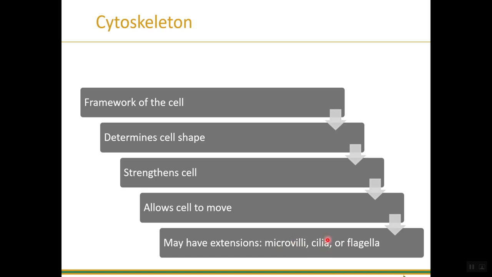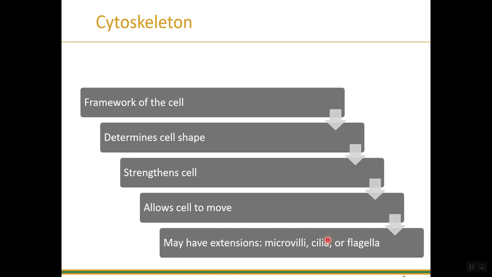So the microvilli, these are folds of the cell membrane that greatly increase the surface area of a cell. These are generally found in areas that will help with absorbing nutrients, specifically the intestines. The cilia are hair-like processes that are on the surface of the cell. They help move things in a wave-like direction.